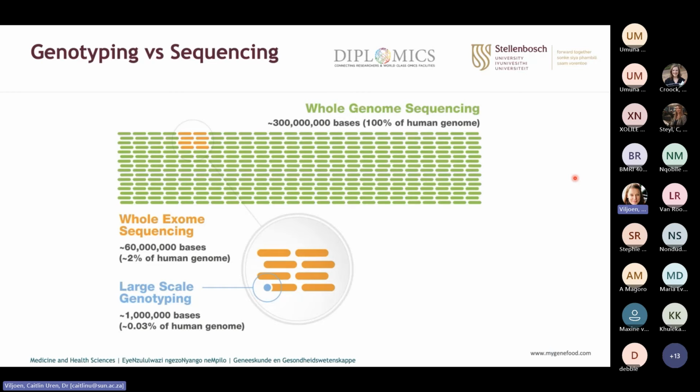What we routinely use, partly because of the expansiveness of the data but also for cost reasons, which I'll get to just now, is large-scale genotyping. Initially, you were looking at about 1 million bases with the small-scale arrays back in the day. But now you're looking at arrays that can give you close to 3 million SNPs.